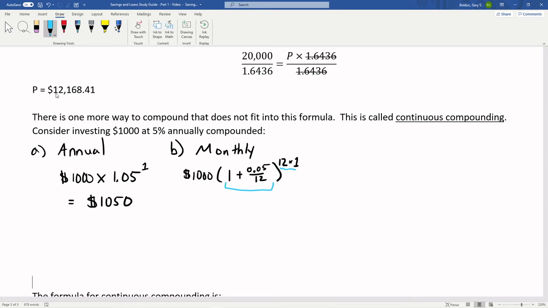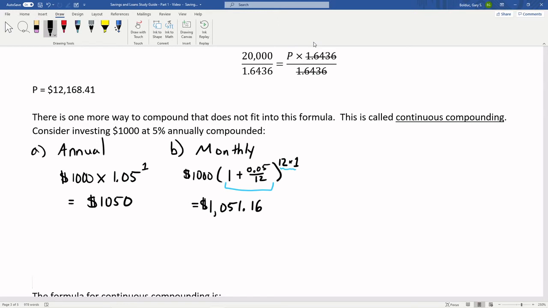But if you're comfortable, you can just put things in all together. There's no reason not to if you're comfortable with it. Okay, so I ended up with $1,051.16.